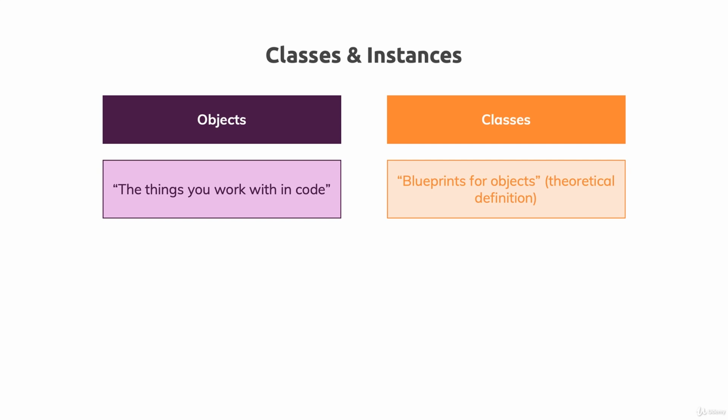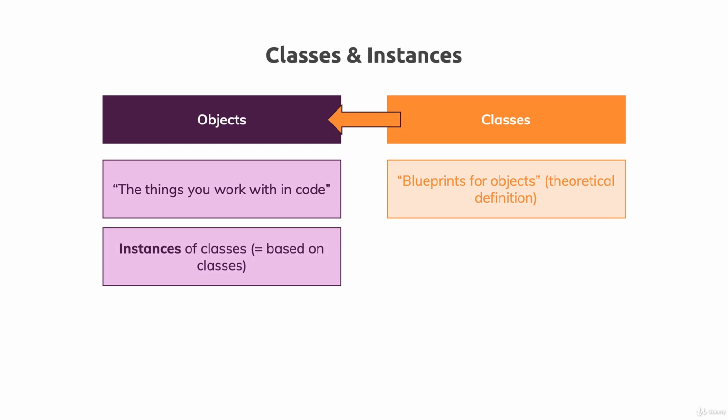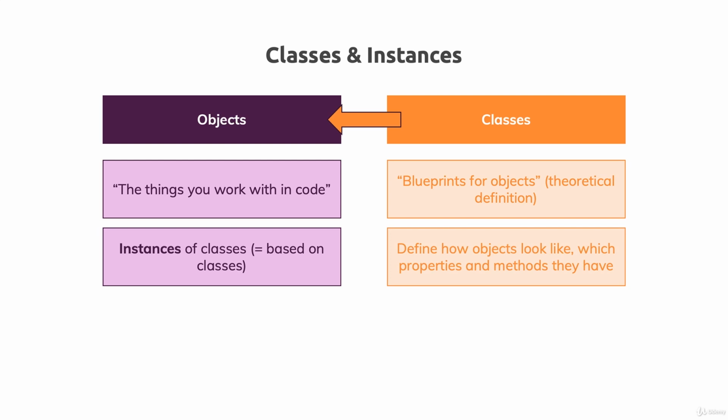Classes allow us to define how objects should look like, which data they should hold, which methods they should have, so that we can easily build objects based on these classes. And we then call these instances of the classes. So an object then is an instance of a class if it's based on such a class, so that we can quickly replicate multiple objects with the same structure, the same methods, based on the same classes. So classes help us define how objects should look like, which properties and methods they have, and so on.